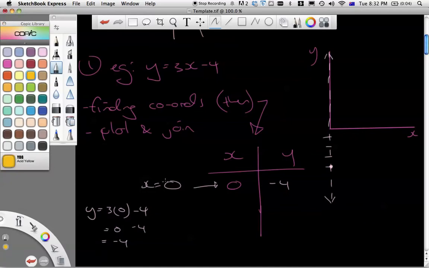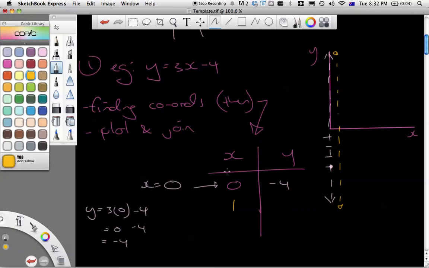Next, what about if x is 1? Well, when x is 1, that's anywhere along this line, right? It's going to be somewhere along here because we count 1 across, but we haven't worked out where our line intersects. So off into infinity this direction, off into infinity that direction, all is where x equals 1.